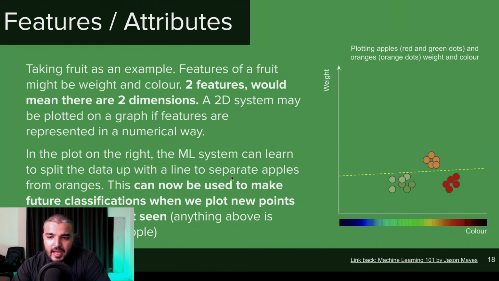So let's say once I've built this system and I know that this particular yellow line is the actual segregation, everything above it is obviously going to be orange, everything below it is going to be apples. So once you know this particular line, you know how to classify between both of these. So if you have one data point and you throw that data point in and it lies somewhere here, then you know that it's orange for sure.